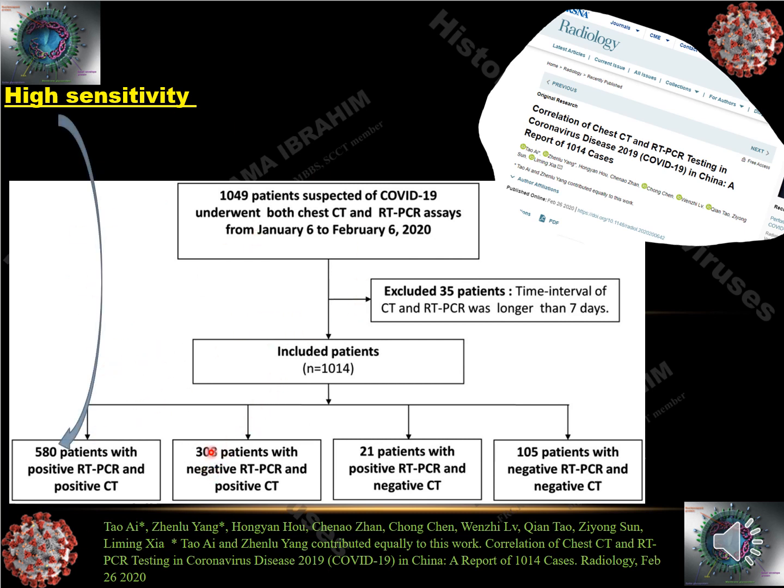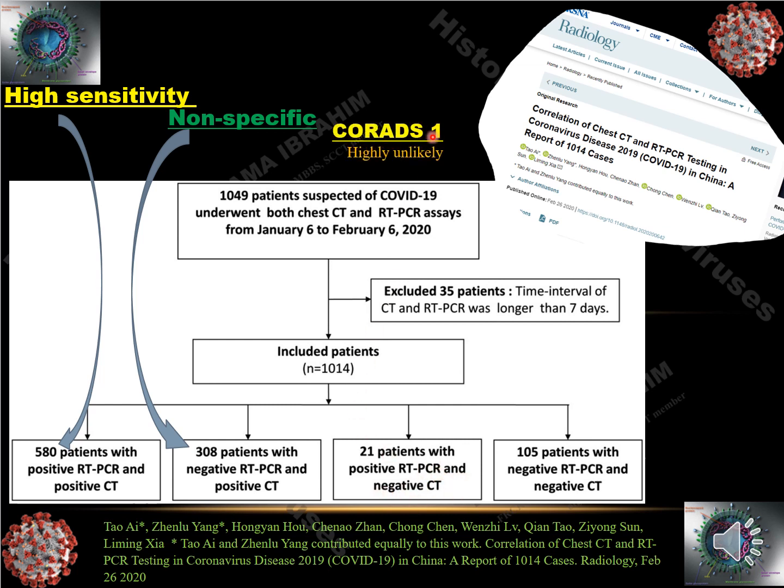However, the presence of 308 patients with negative RT-PCR and positive CT raises the possibility of non-specificity of HRCT in diagnosis of COVID-19. There are also 21 patients with positive RT-PCR and negative CT, which means CO-RADS 1, highly unlikely because of normal HRCT. However, there is still a possibility of diagnosis of COVID-19, even if HRCT is normal.